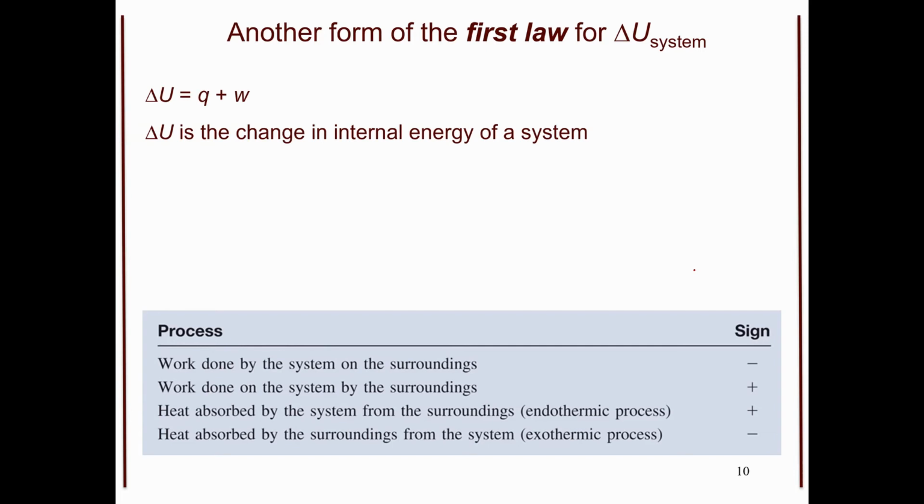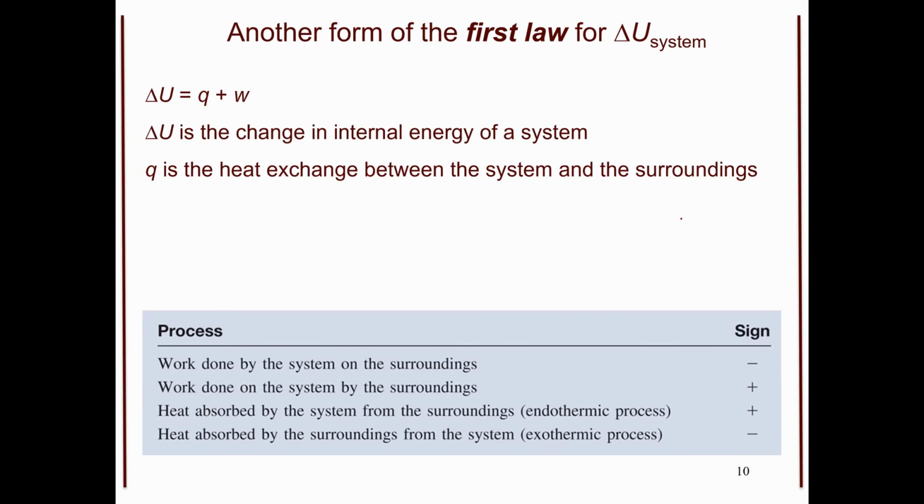The two energy types that we are going to sum in order to help calculate that are Q and W. The first one is Q, the heat exchange between the system and the surroundings. So Q is going to be our heat. Our W is going to be work done on or by the system. As we will show you here in a moment, the sign convention for these problems is incredibly important.